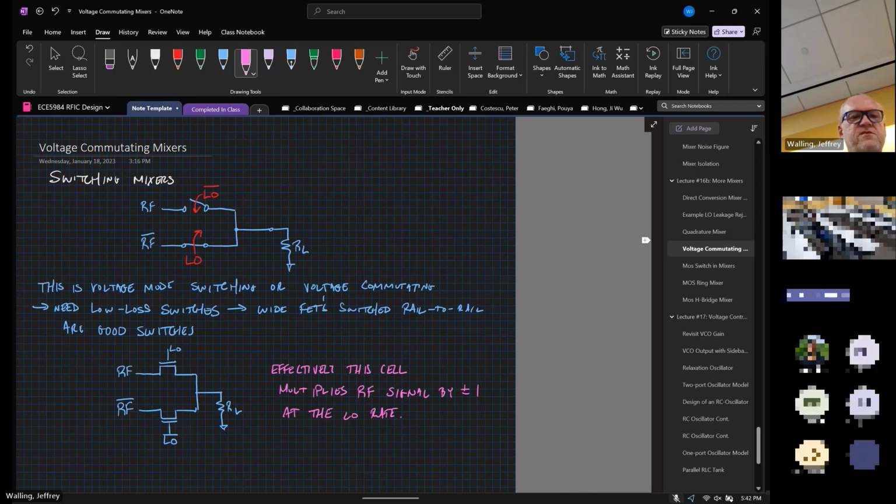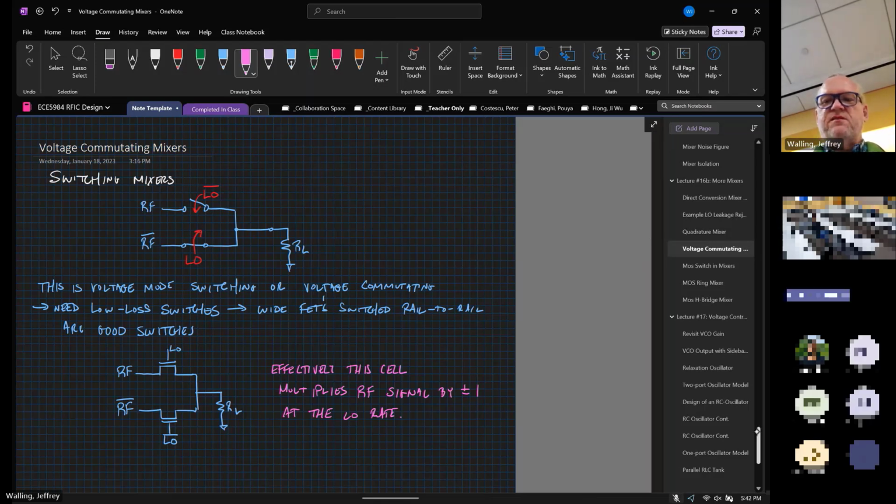For this to work, we need low loss switches. Luckily in CMOS, if you get nothing else out of this class, we can make very low loss switches in CMOS. So they're very good for doing things like switching functions.